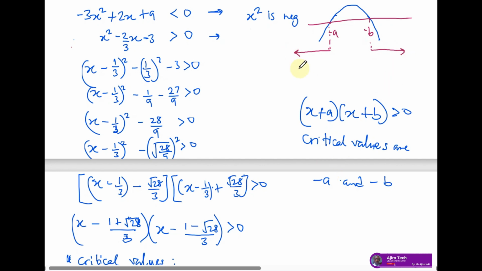Based on this, I can say that x is less than negative a and x is greater than negative b. See, these x values here are greater than negative b. This one here, x values are less than negative a, given that negative a is smaller than negative b.